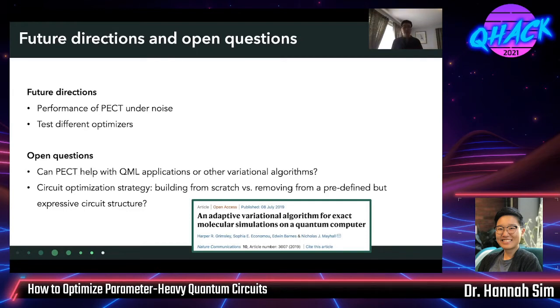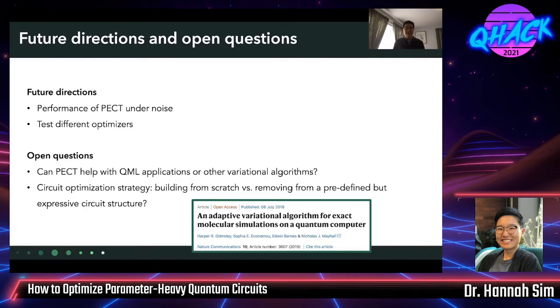In terms of some open questions, one big question is, all the simulations we showed today were of VQE simulations, but it'll be interesting to see if PECT can help with also quantum machine learning applications, as well as other variational algorithms that involve this optimization step.